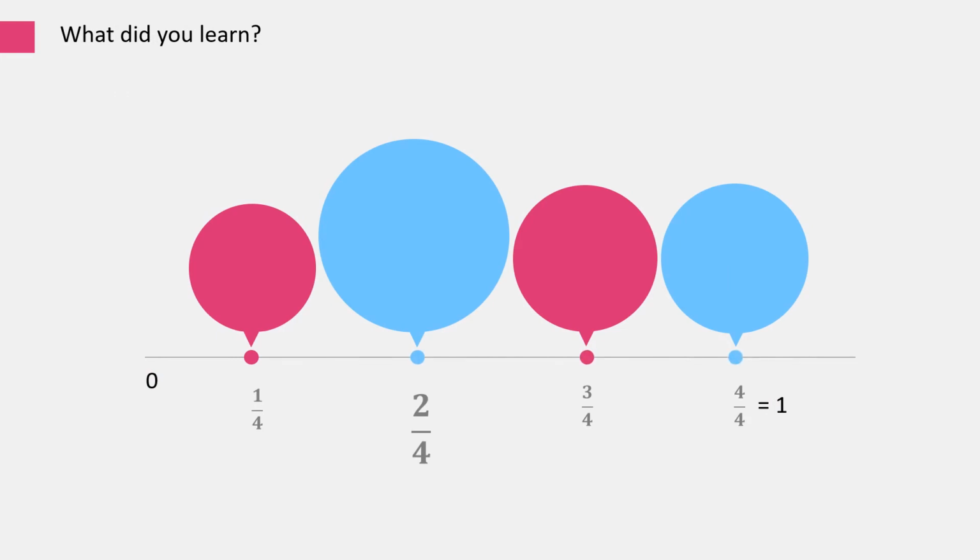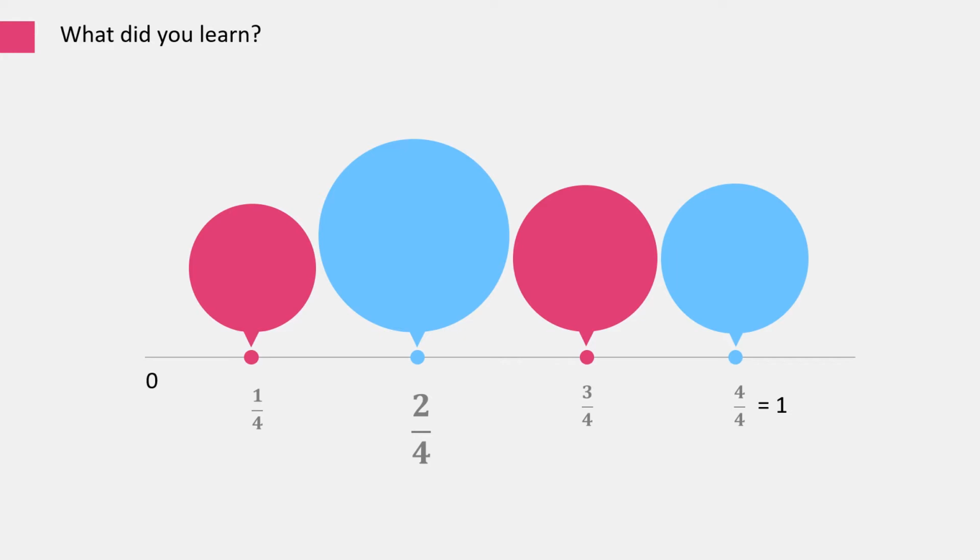So what did you learn from the video? Excellent, that we can use a number line to find equivalent fractions, and the same point on the number line represents equivalent fractions. Very good.